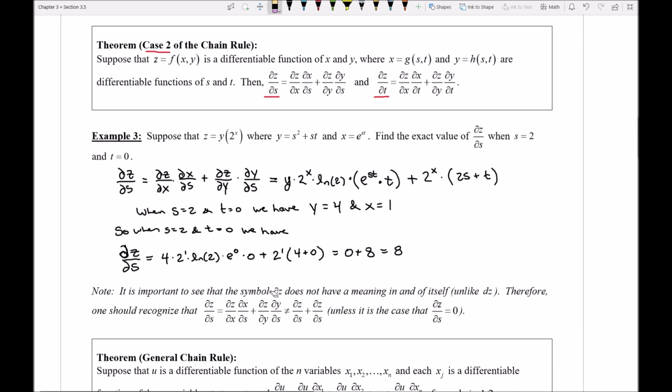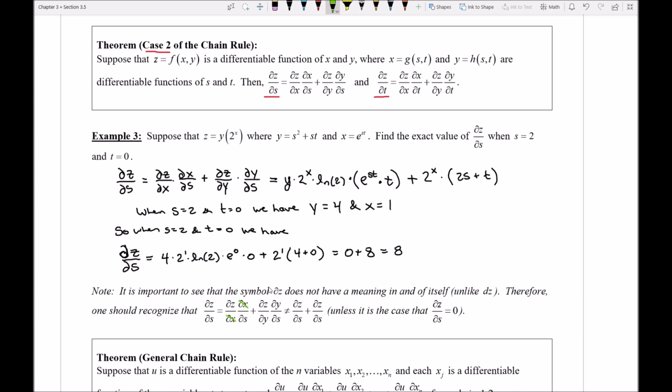However, the partial of z, partial x, partial y, those are not individual symbols. We kind of have to treat the entirety of these fractions, if you will, as a single symbol that can't really be separated. So because of that, one thing that we have to make sure that we're not ever going to claim is that, like, in here, my partial of x's are going to cancel.